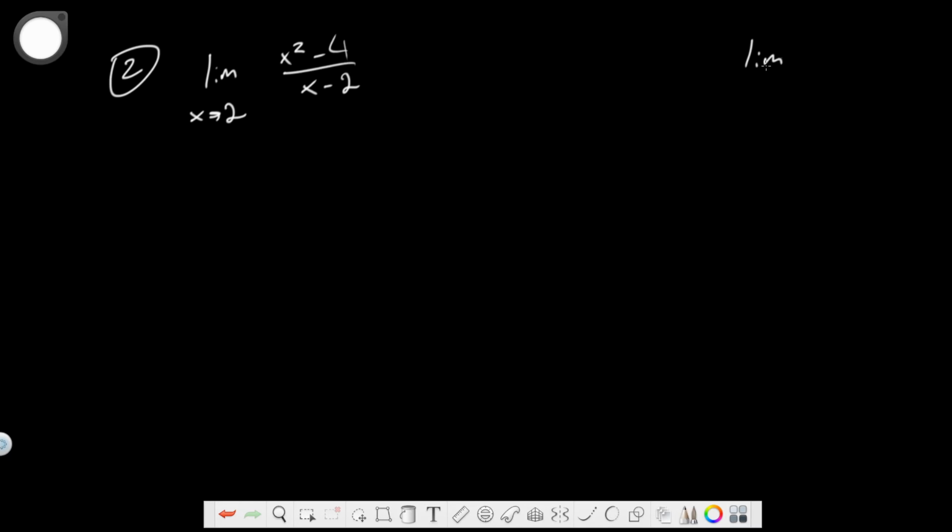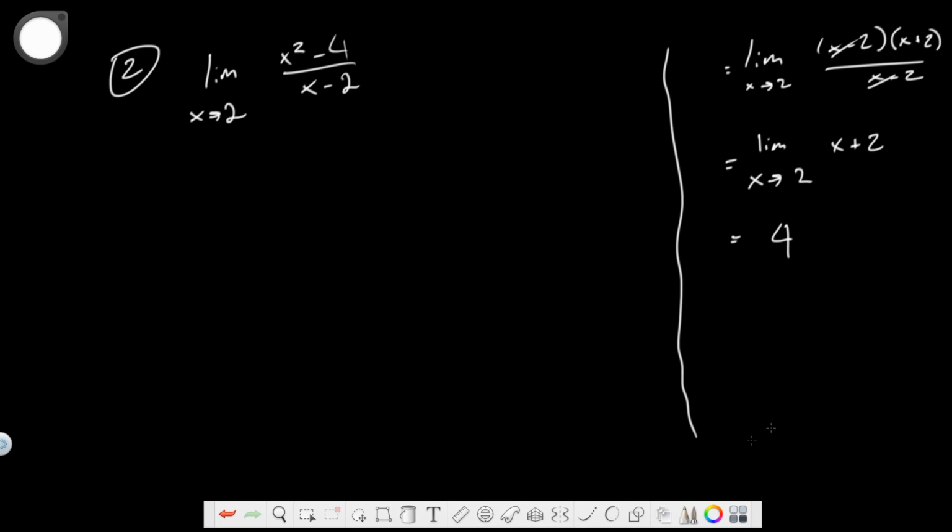The limit of x squared minus 4 over x minus 2 is equal to the limit as x approaches 2 of the factored form. Doing a little bit of algebra, we get x plus 2. And then using this, we're going to get 4. So using L'Hopital's rule, we should get 4.